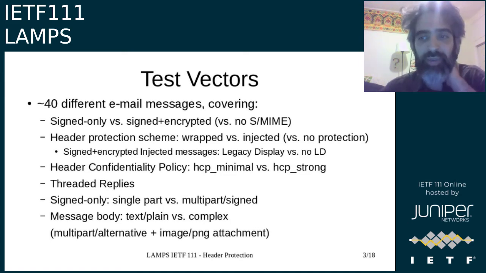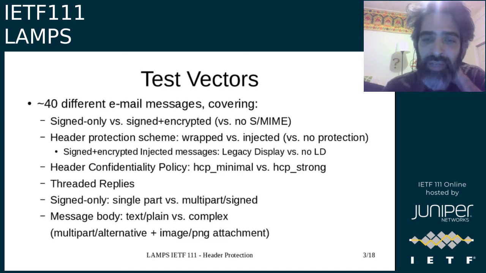A lot of this work is about thinking about how these messages interact with legacy clients. We also look at different header confidentiality policies, whether there's a minimal policy and a strong policy. Some of the messages are replies to others, so we're able to look at threading.